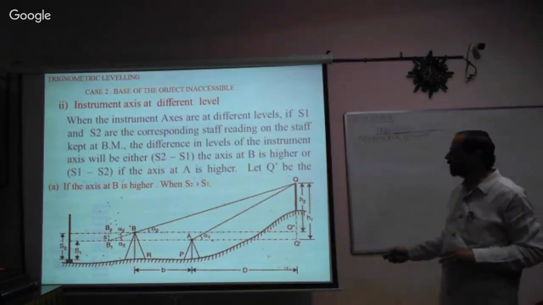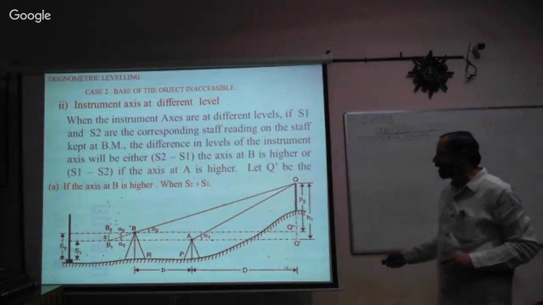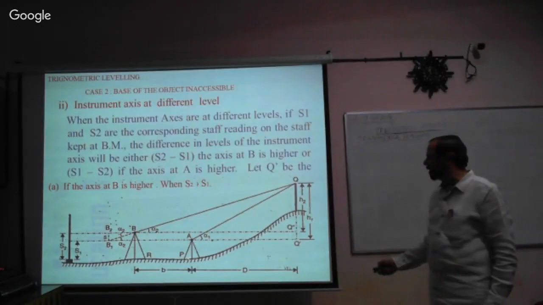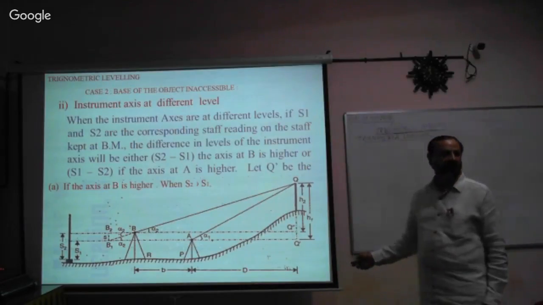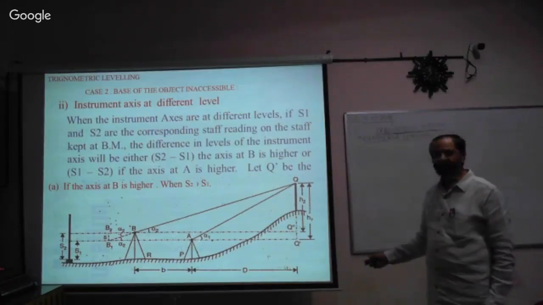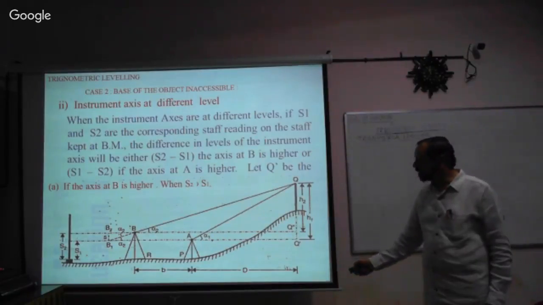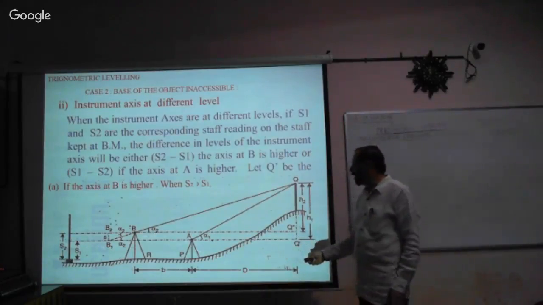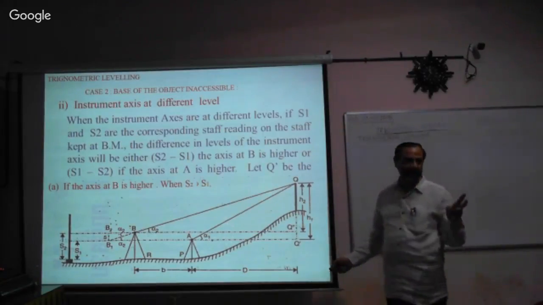The only difference is that the instrument stations are at different levels. For the first station, install the instrument near the object, perform all the temporary adjustments, make the line of sight horizontal, then take a backsight reading, that is stop reading S1, and then measure the vertical angle. This is alpha 1, this is S1. Now we have two data, isn't it?